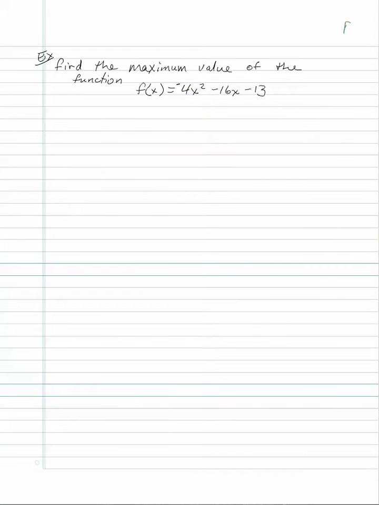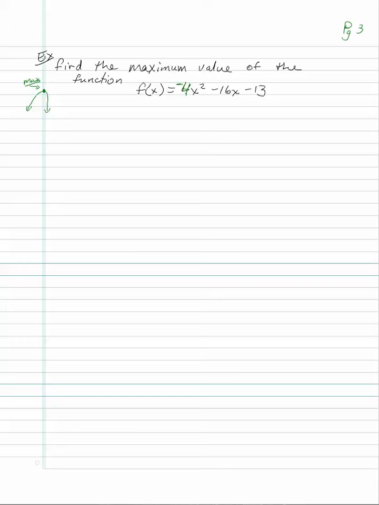Find the maximum value of the function f of x equals negative 4x squared, sorry, I said cubed, minus 16x minus 13. Okay, so remember, maximum and minimum values happen at the vertex. This is a parabola that's opening down, so we're going to get a maximum value at the vertex.